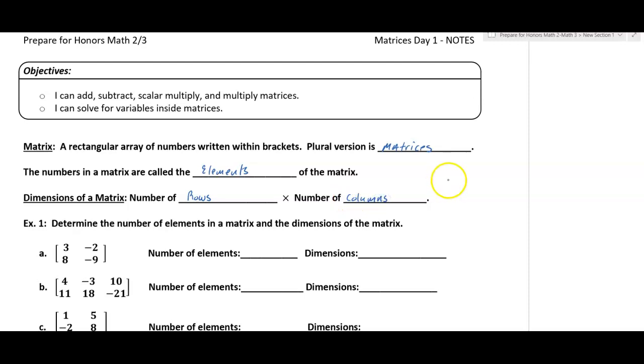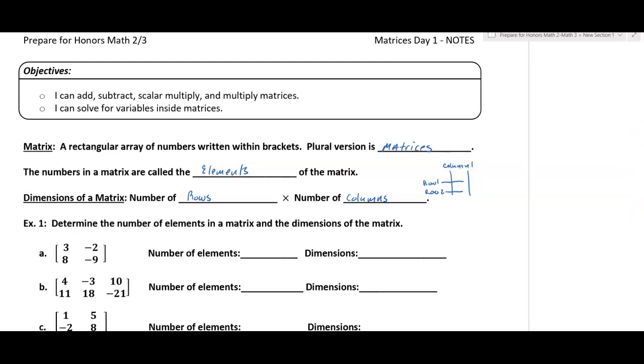Now, just to let you know, the rows are horizontal, so row 1, row 2. The columns are the vertical part, so column 1, column 2, and so on.